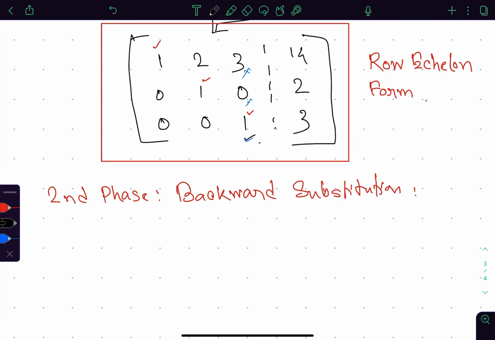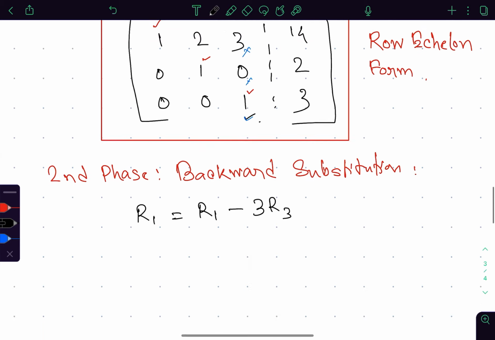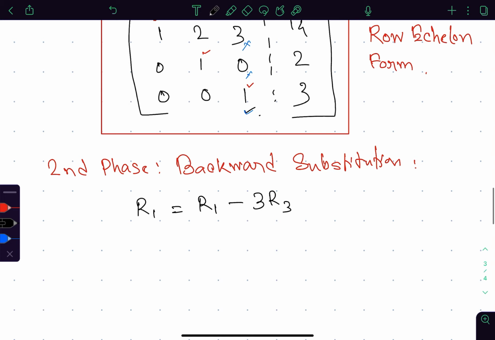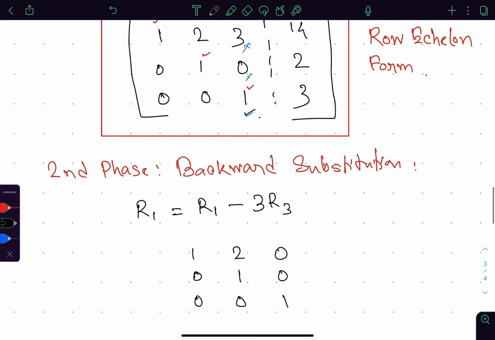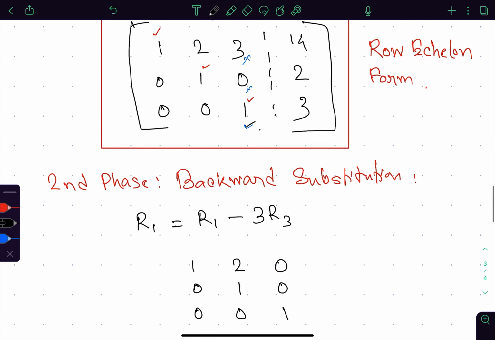So R1 will be R1 minus 3R3. Because all the rest of the elements are 0, that will give us 1 2 0, 0 1 0, 0 0 1, and it applies to the RHS as well.